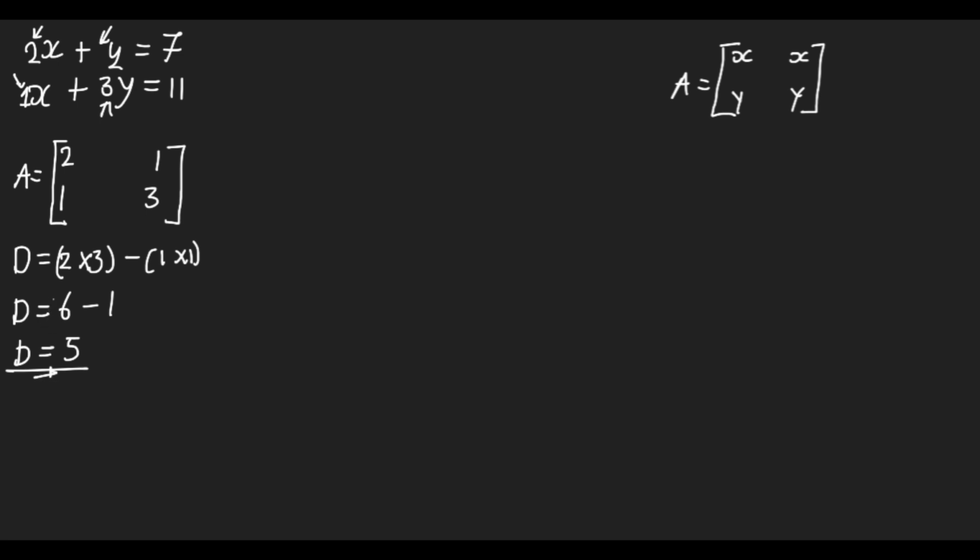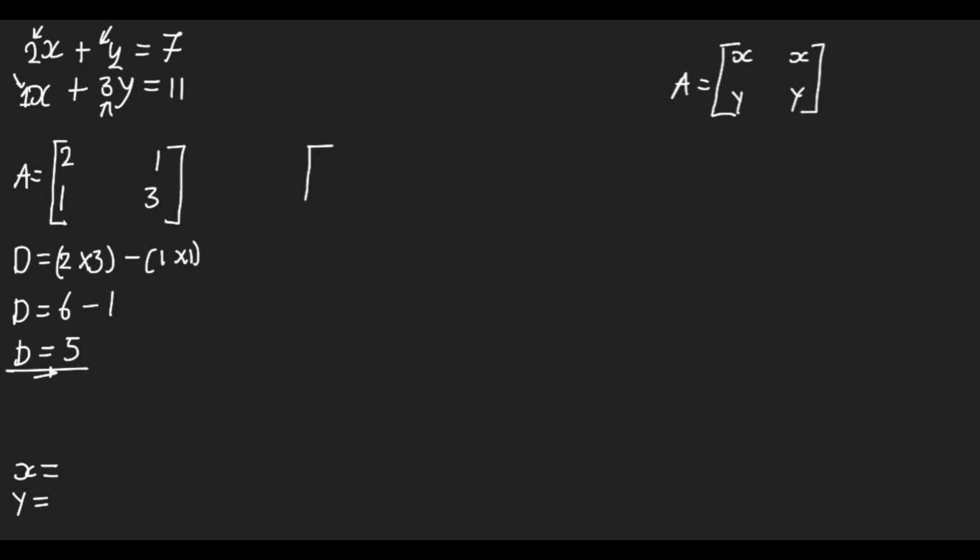Now, after finding the determinant of the general matrix that you have formed, you need to find the determinant denoted by the letter x. Then the same determinant is the one we are going to use to find the first actual answer, the value of x. Then number 2, we are going to look at the value of y. So now let's make another new matrix.